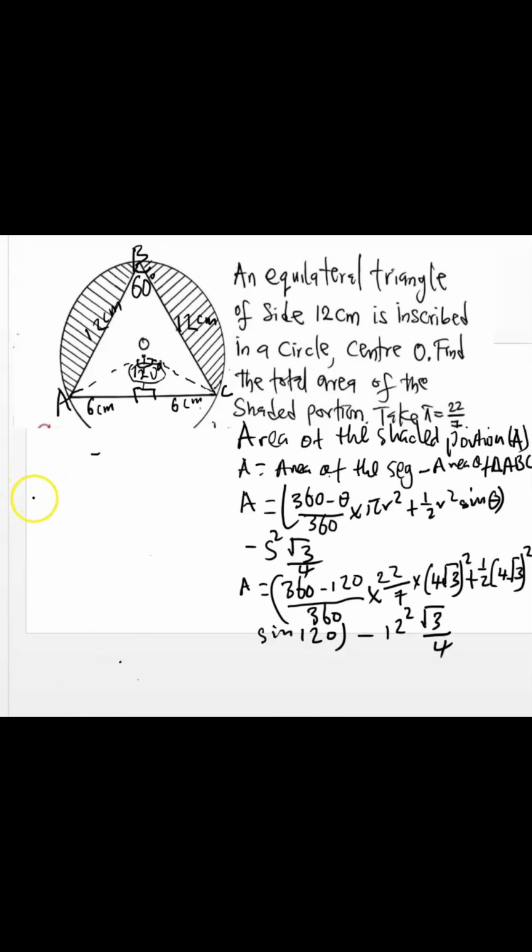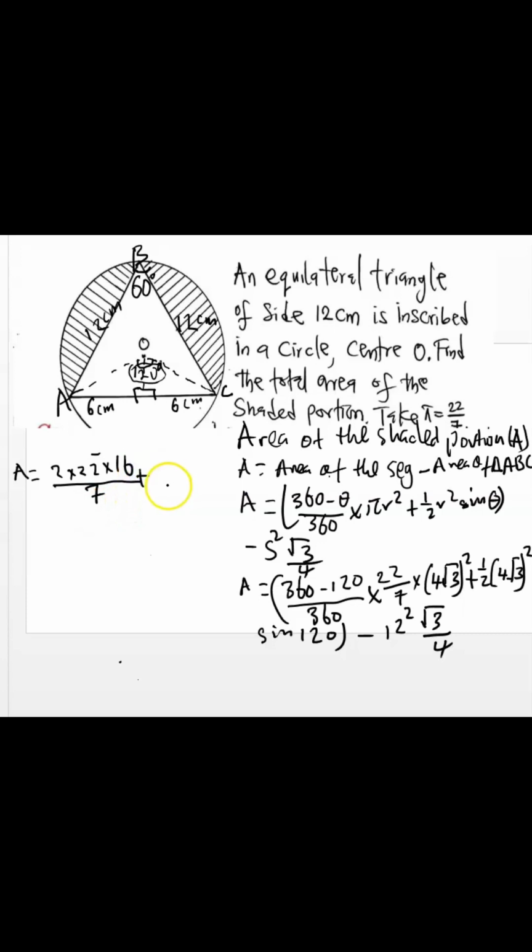What we have then is A, which is the area, is nothing but when you simplify 360 minus 120 divided by 360, we can say it is 2 times 22 multiplied by 16, all this divided by 7.